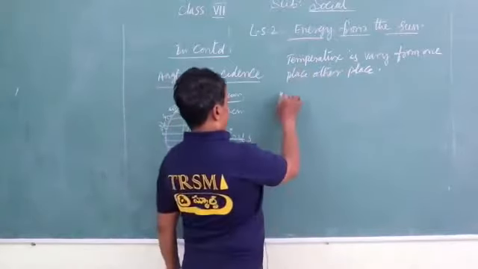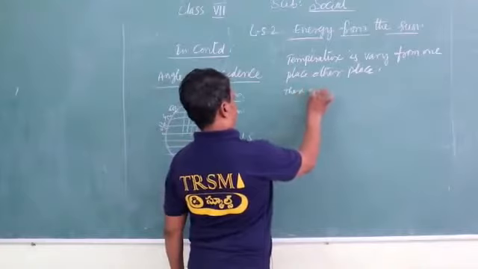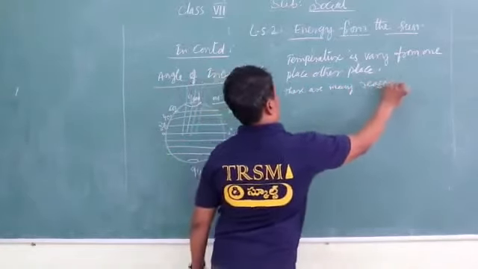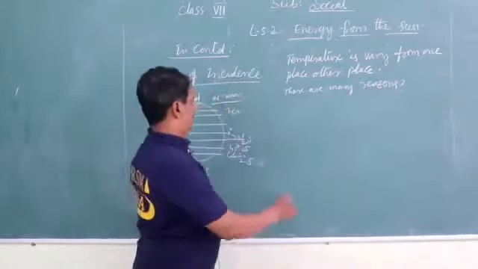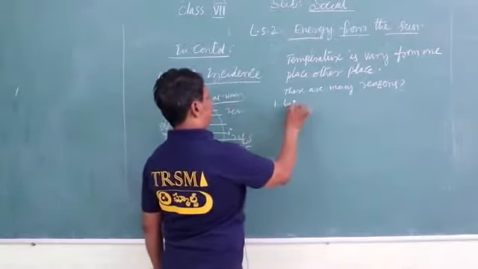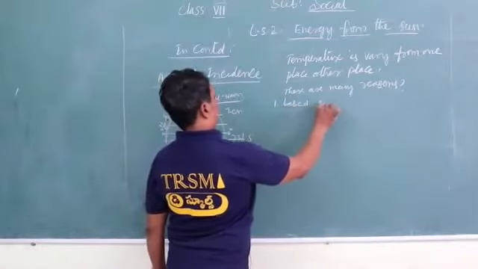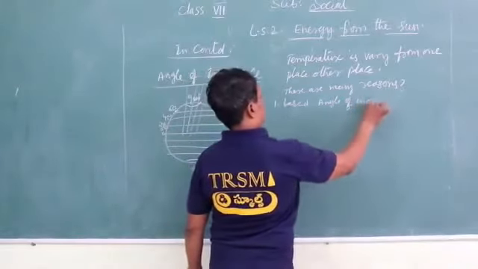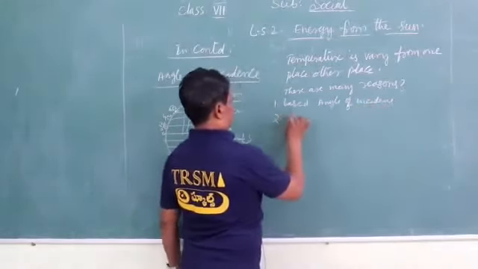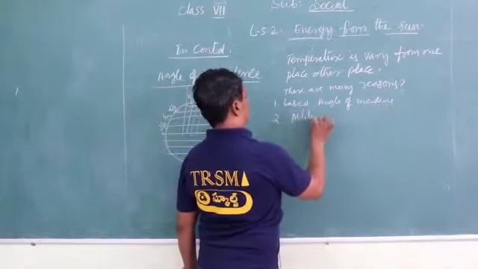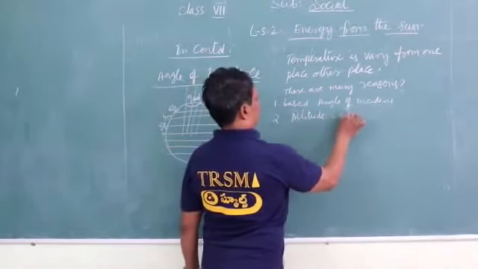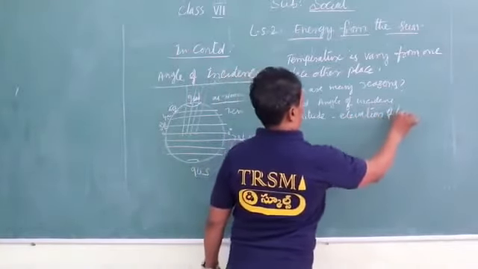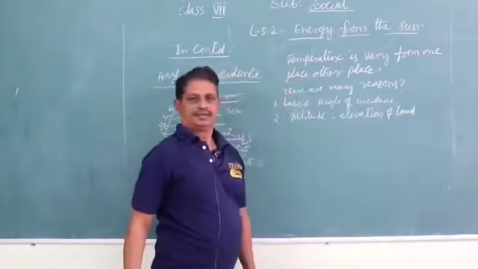Okay? How? There are many reasons. What are they? Based on angle of incidence, second is altitude, that is, elevation of land. Okay?